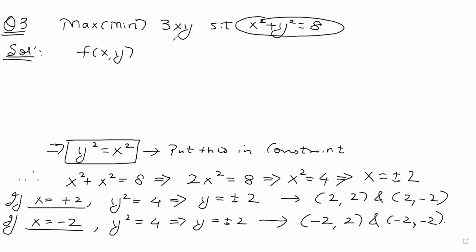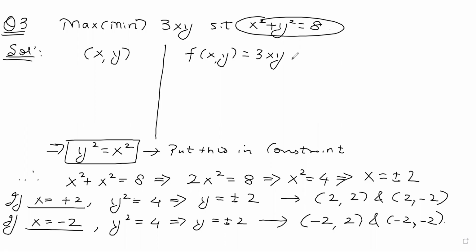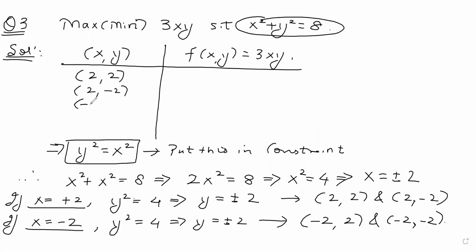Let me make the proper table. We are going to plug the values of x comma y, and we are going to evaluate the function f of xy at these points. What are the points, guys, which we have got? The points we have got are 2 comma 2, 2 comma minus 2, minus 2 comma 2, minus 2 comma minus 2. So I am going to plug all these points in my function f of xy equal to 3xy.